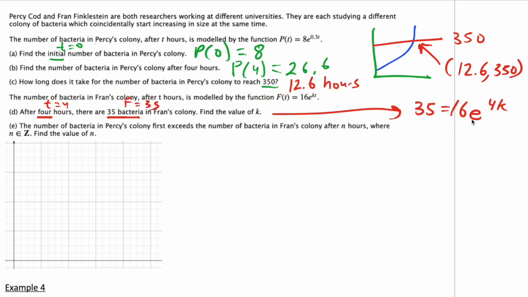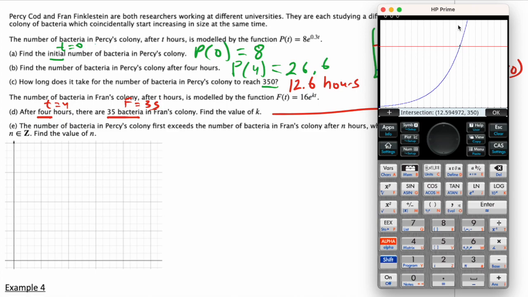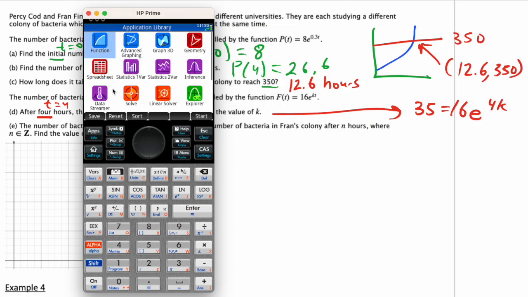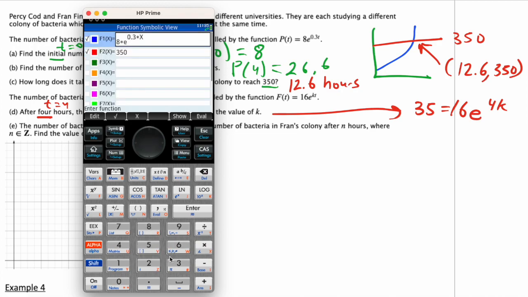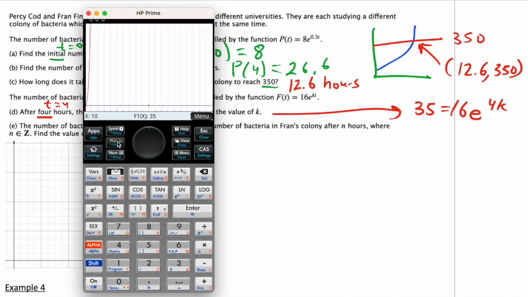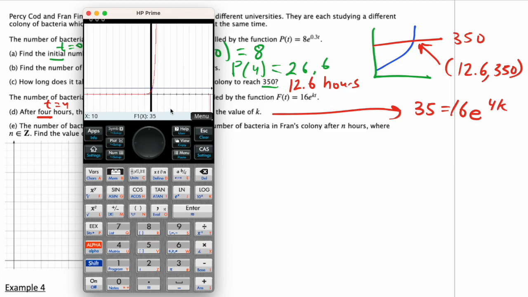That's probably best solved with our calculator. So let's type in 35 and 16 times e to the power of 4 times x. Plot. Can I see the point of intersection? Sure, it's over there. Menu, function, intersection.